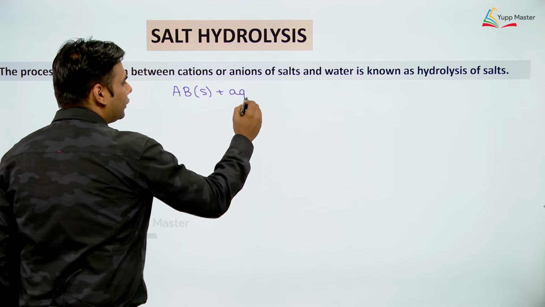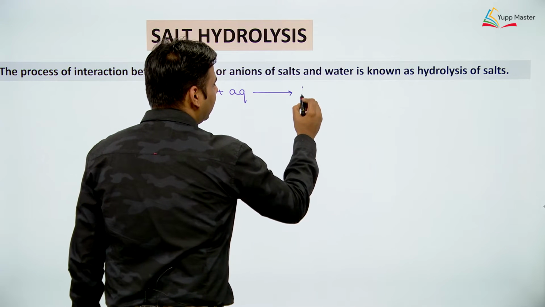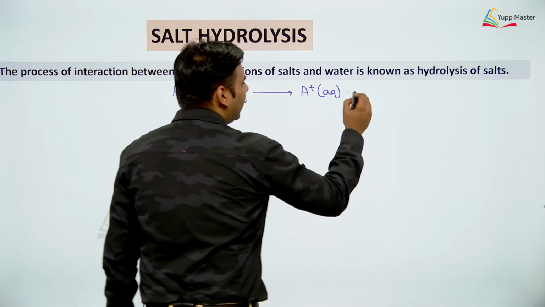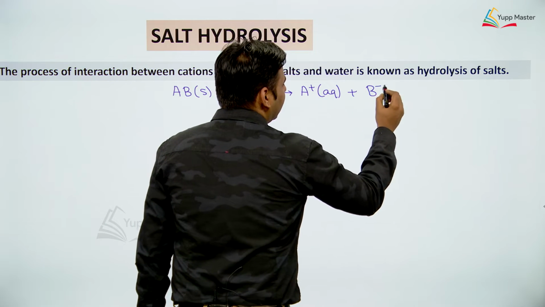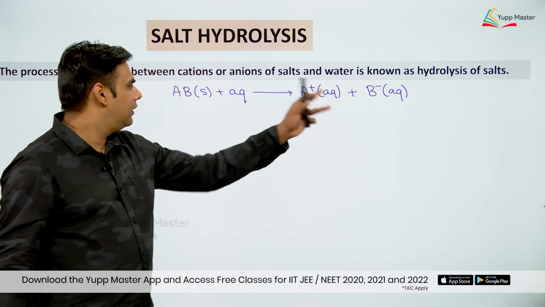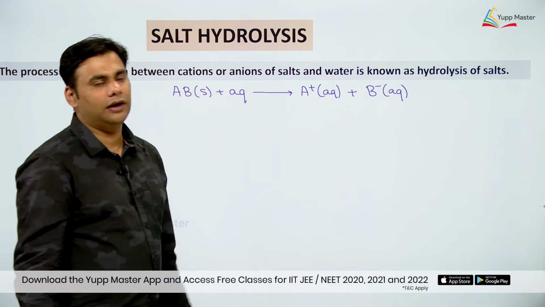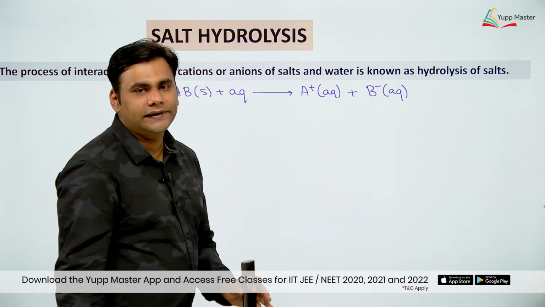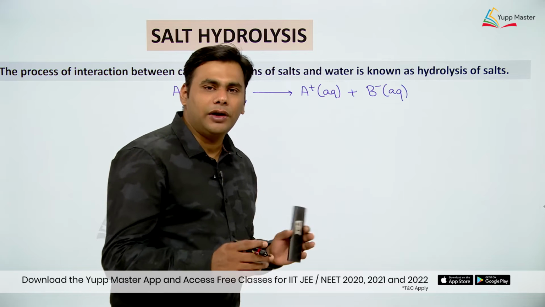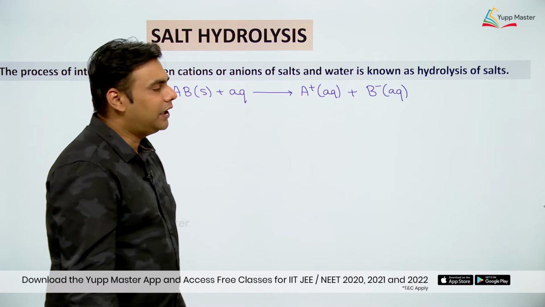So we know that because it is an ionic salt, it will split into a cation and an anion. Now these cation and anion can interact and can form the ionic solid as well. Because these cations or anions are hydrated in solution, they get stabilized and they remain in separated ionic form.